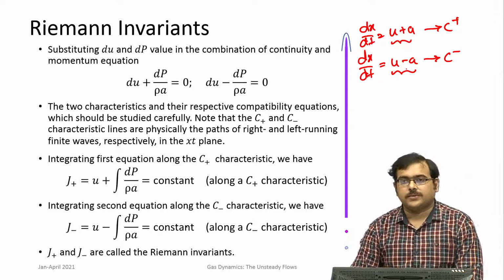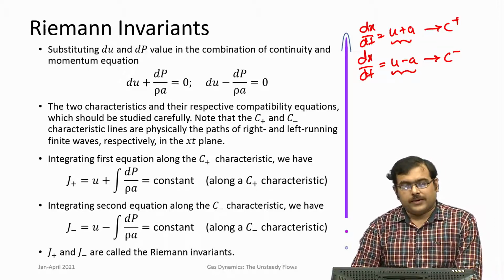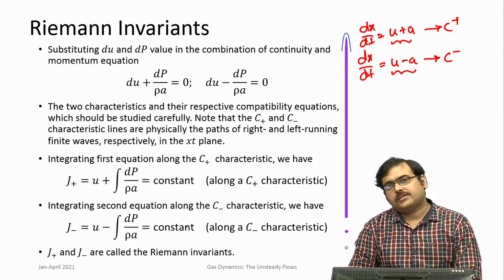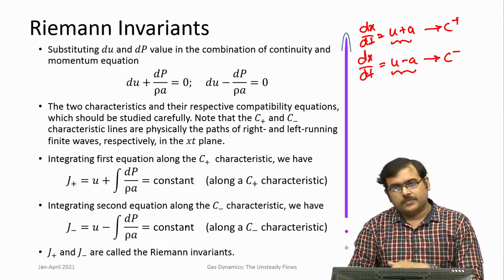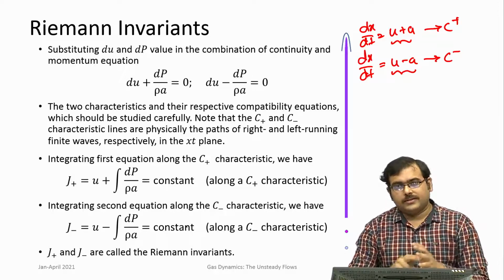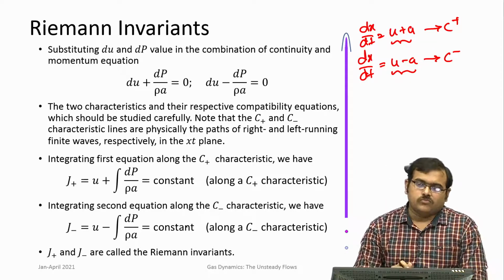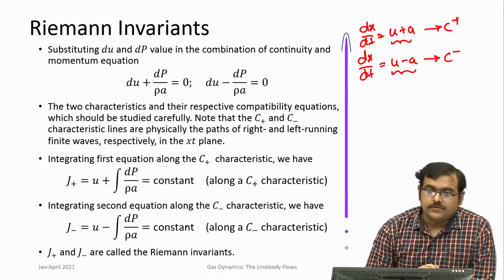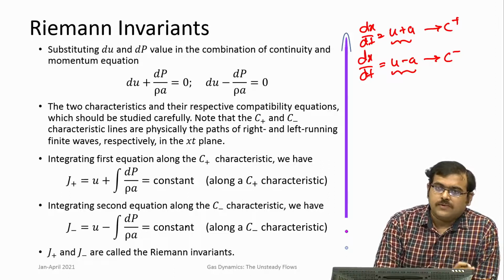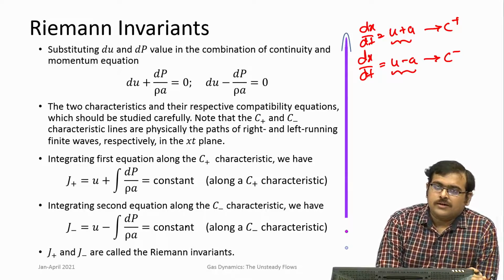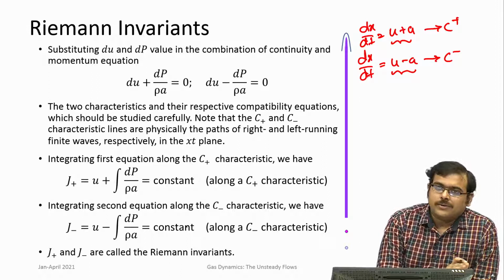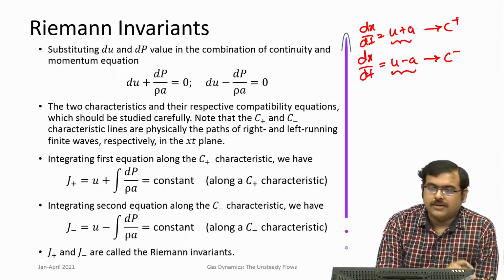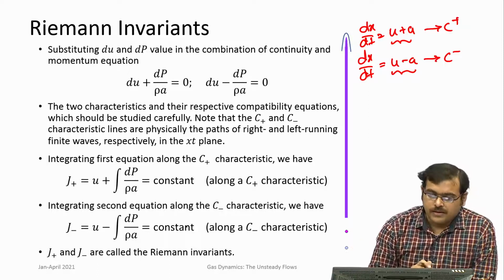These are the speeds with which the waves propagate, and a is not a constant. The speed with which it propagates in space and time can vary. So that is the important difference between infinitesimal waves, where you saw that the speed of propagation is the speed of sound, which is a constant, but here it is not so.